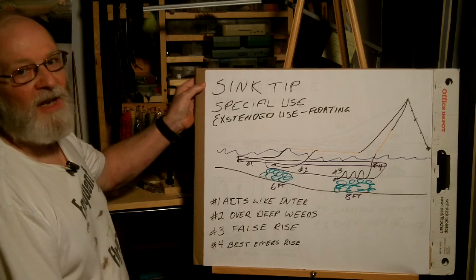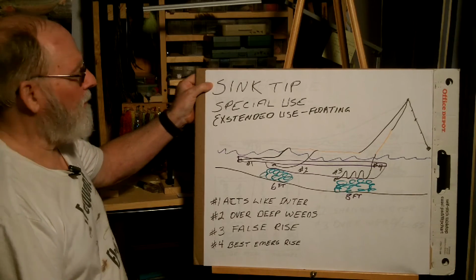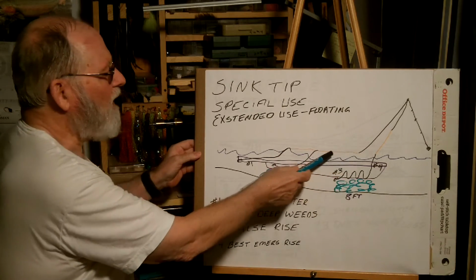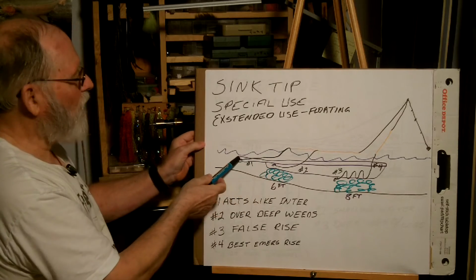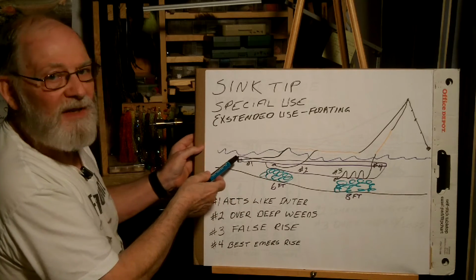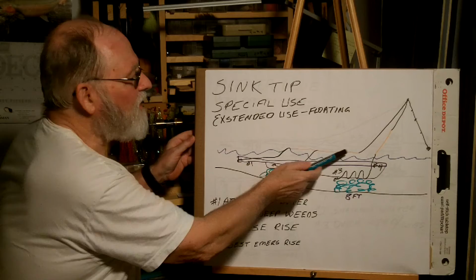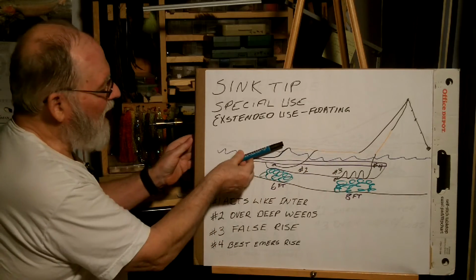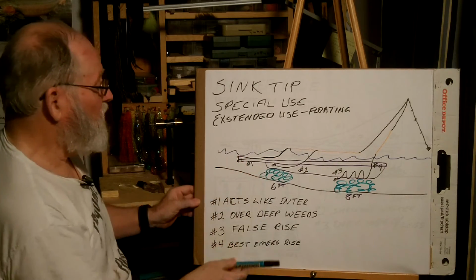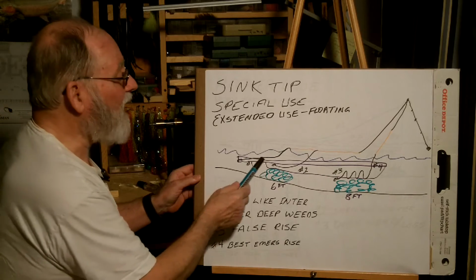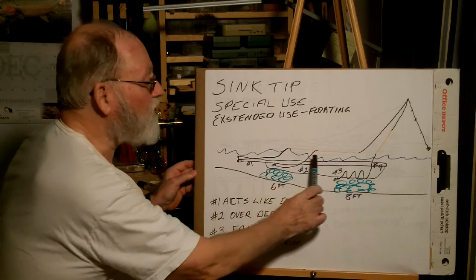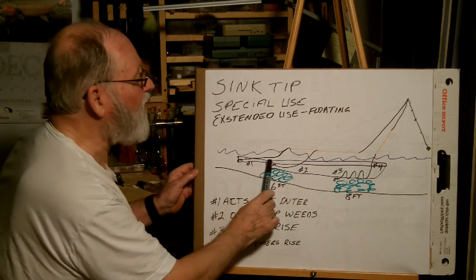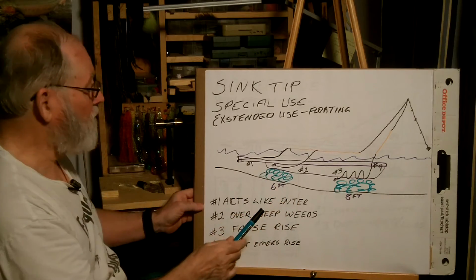There is a specialty line. It's called sink tip. It's actually a floating line where the first 7 or 8 feet is intermediate line. So the floating line stays on top of the water and the intermediate line actually sinks. So it acts somewhat like an intermediate line as you pull it across the top of the water because it can keep the fly high in the water column.